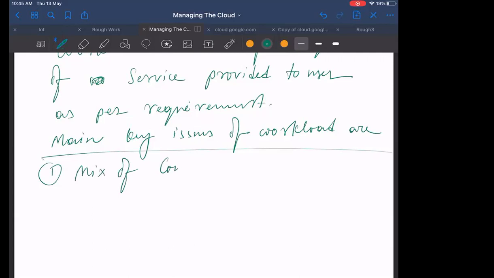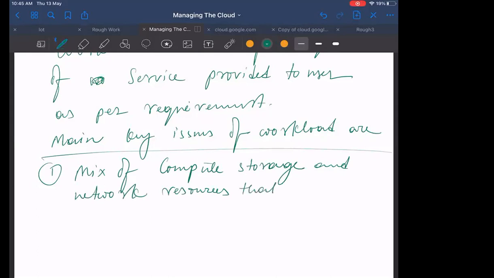the mix of compute, storage, and network resources that are required, and identifying those resources.